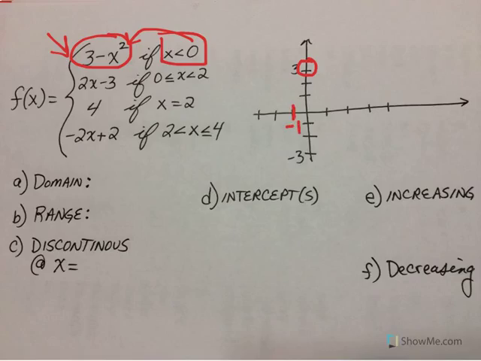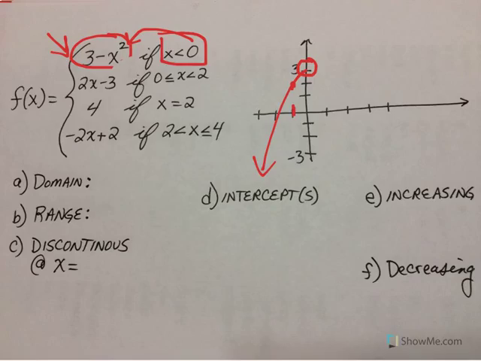Now if you plug in negative 1 into the function, negative 1 squared is 1, and 3 minus 1 is 2. So I can simply just put another point there to help me guide my graph. Okay? So notice I'm not doing the erase method, I'm just plugging in values to give me an idea what it looks like. That's the first piece.